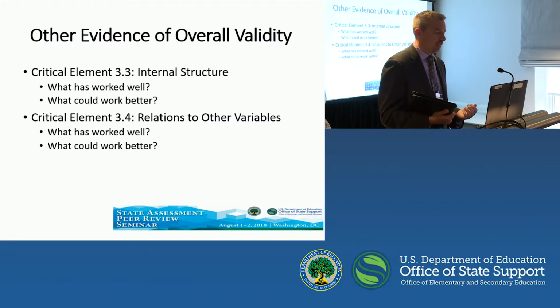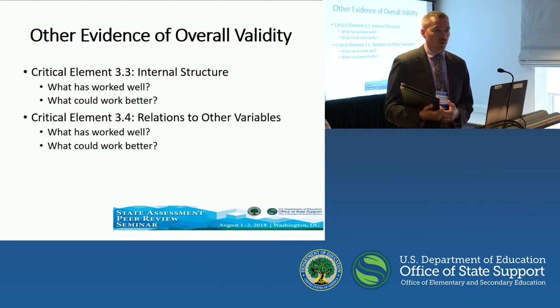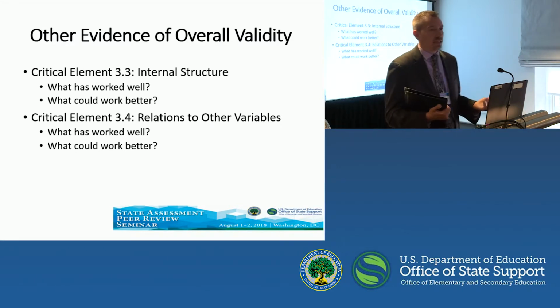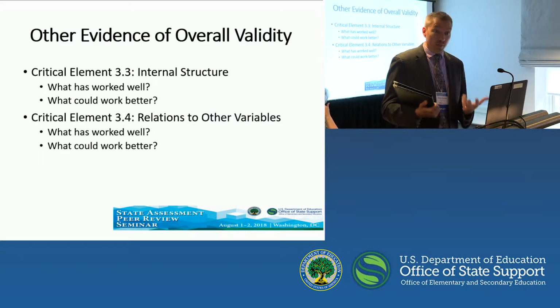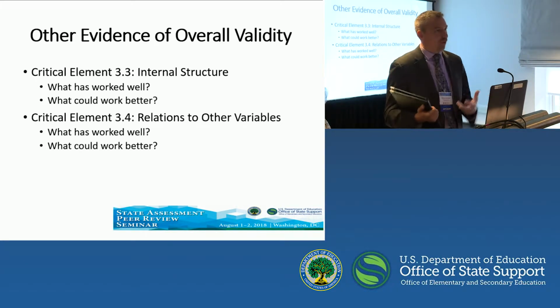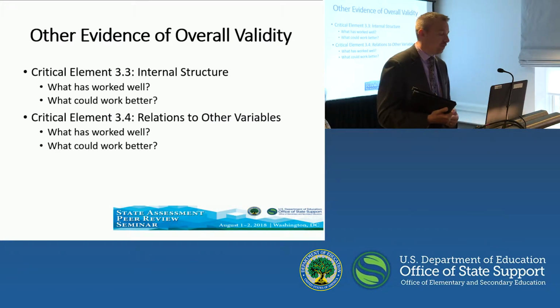What I've seen that could work better or causes confusion, at least for me as a peer reviewer, is if I'm seeing an underlying theory that doesn't match the evidence or doesn't match the reporting structure at the end, thinking about some of those elements in 6. The example would be if a state is putting forth a unidimensionality argument so that it's really around that math score, that reading score, and not numbers and operations and algebra that feed in, or comprehension and vocabulary that feed in.